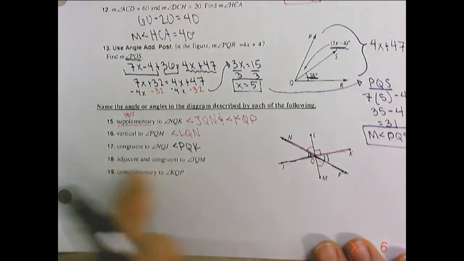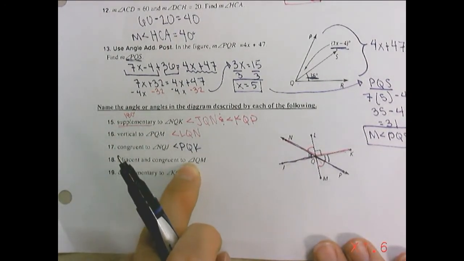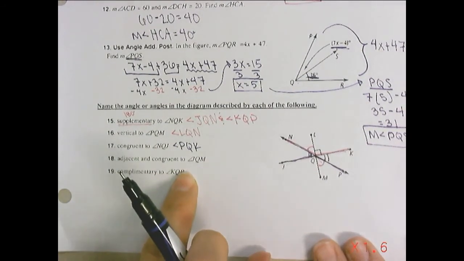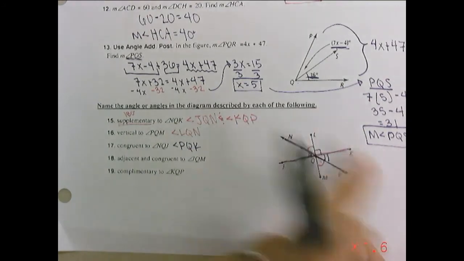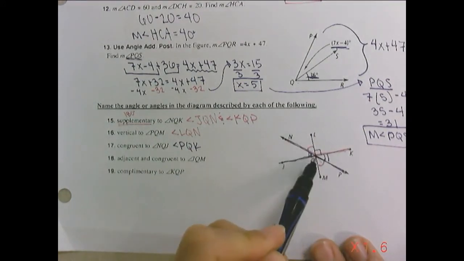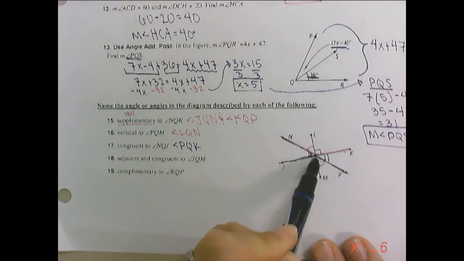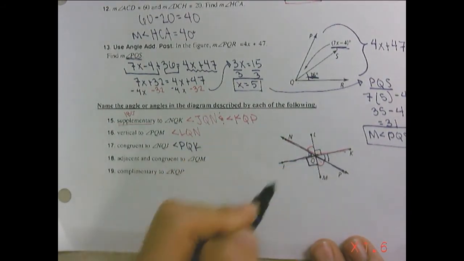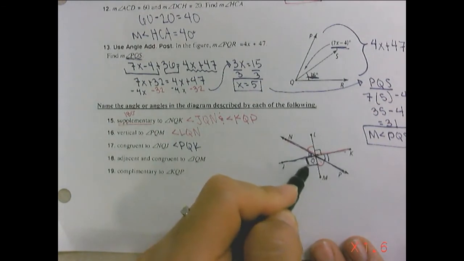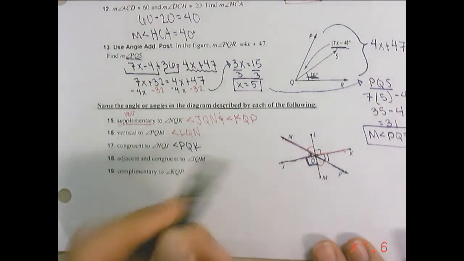All right, now we're going to talk about being adjacent and congruent to angle JQM. Well, let's look at this diagram for a sec, and let's look at LQK. It's 90 degrees. Okay, well, it's vertical to this angle right here, JQM, which makes this 90 degrees.